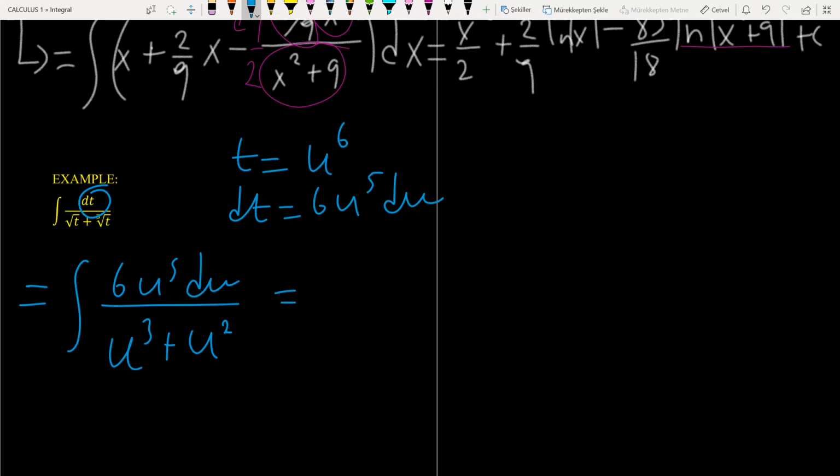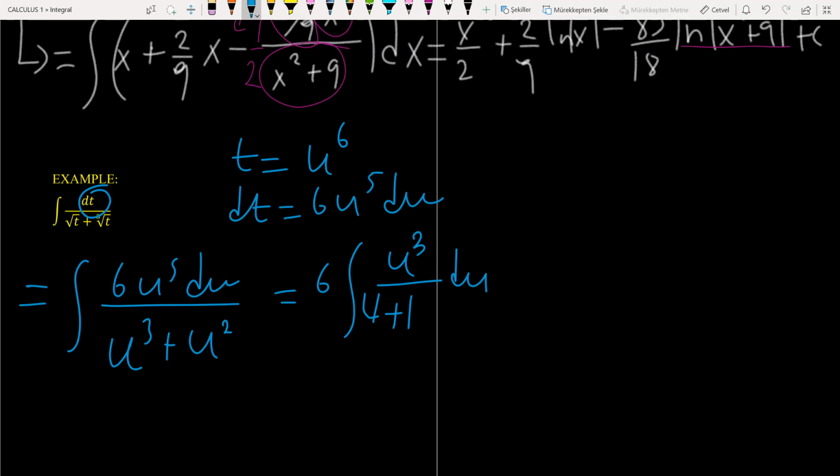So it's possible to divide each term by u square. Then we have 6, and if you divide by u square, you have u cube divided by 1 plus u plus 1 du. So it's all.